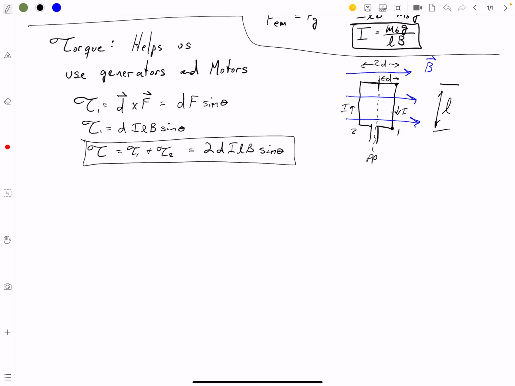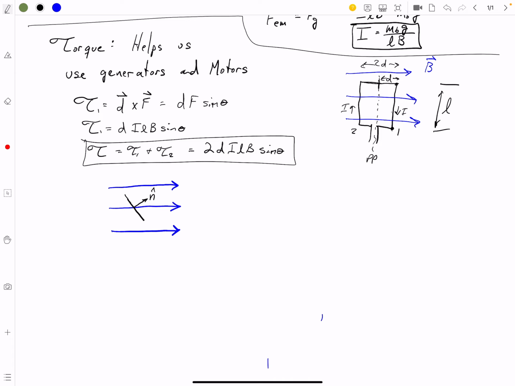Now, let's look at it from a different angle. Let's look at it from the top down. Here's our B field. Here's our loop spinning in our B field. And there's a normal to that surface, okay?